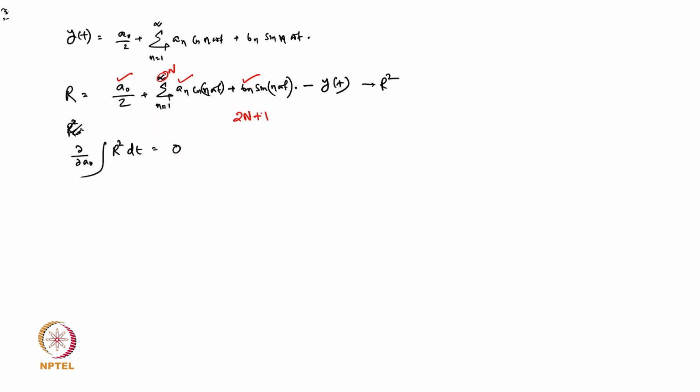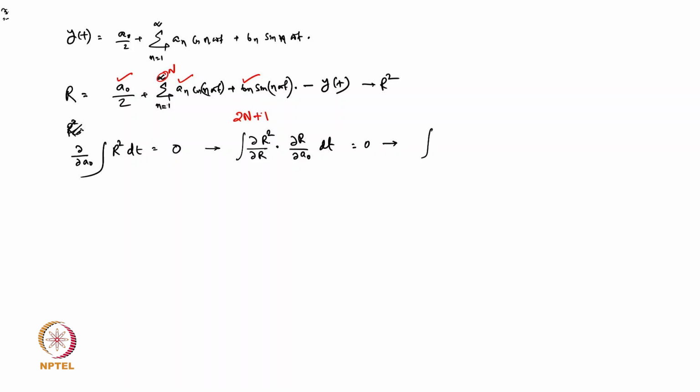Okay, now once we are doing that, how can we write it? First thing we will write the integral of d by dA0 of r square dt. We can do that. I do the differentiation like a chain rule.